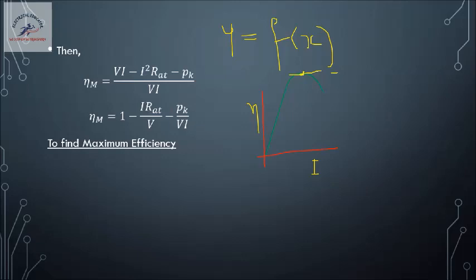So when the efficiency is maximum, that is at this point, the value of the slope will be 0, and for this slope to be 0, that we have to find out, and we know that slope is nothing but dy by dx.